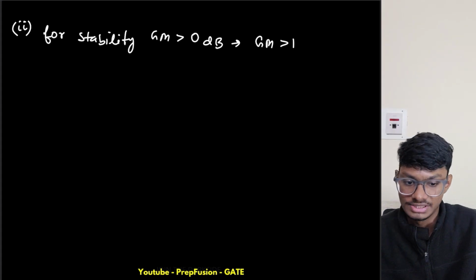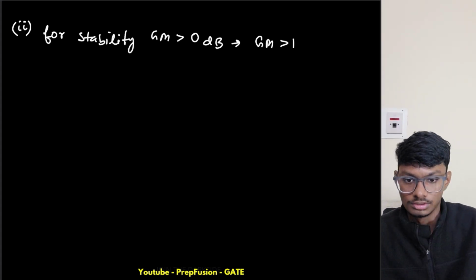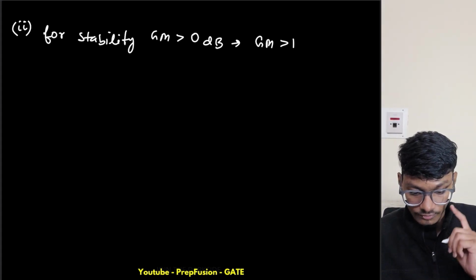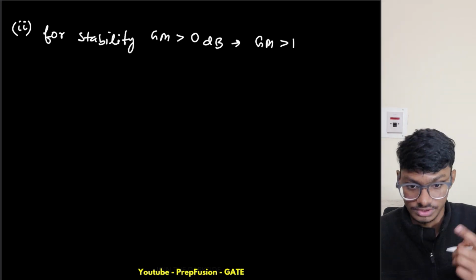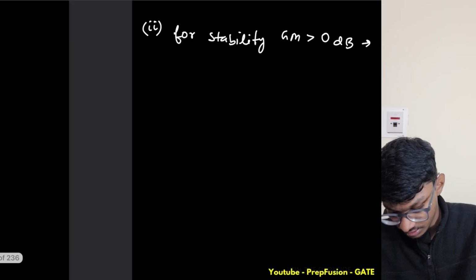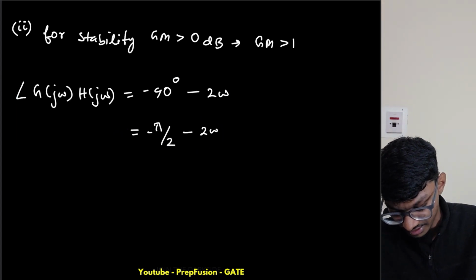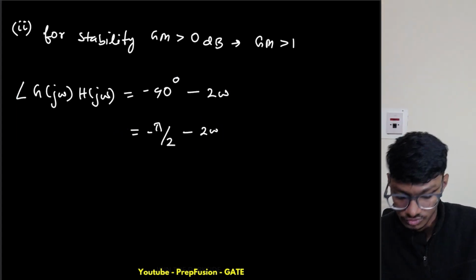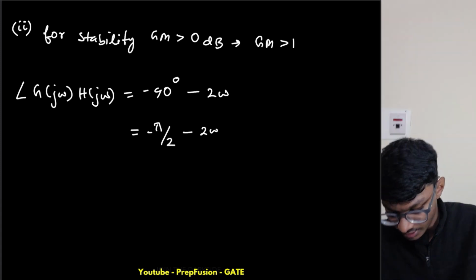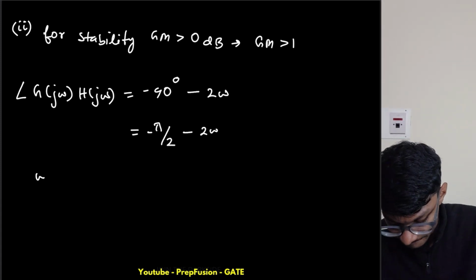So for this I first have to find the phase crossover frequency. Again I will copy the angle formula and paste it here. Yes, luckily it came. So I have to find the phase crossover frequency. At the phase crossover frequency, what is the angle?